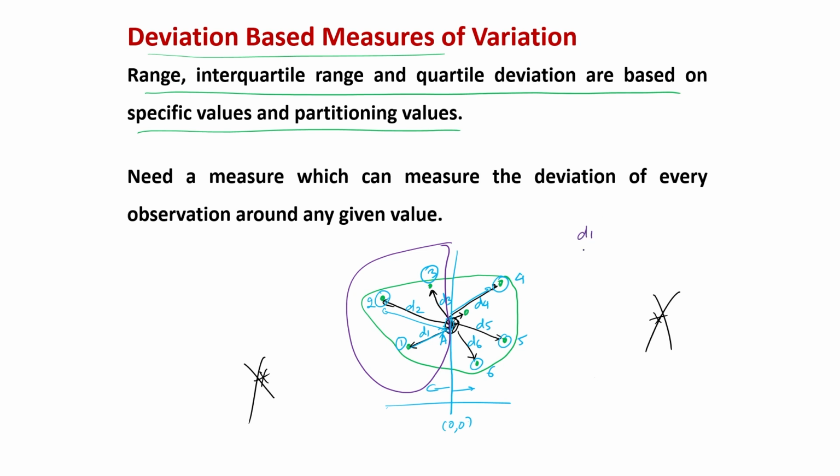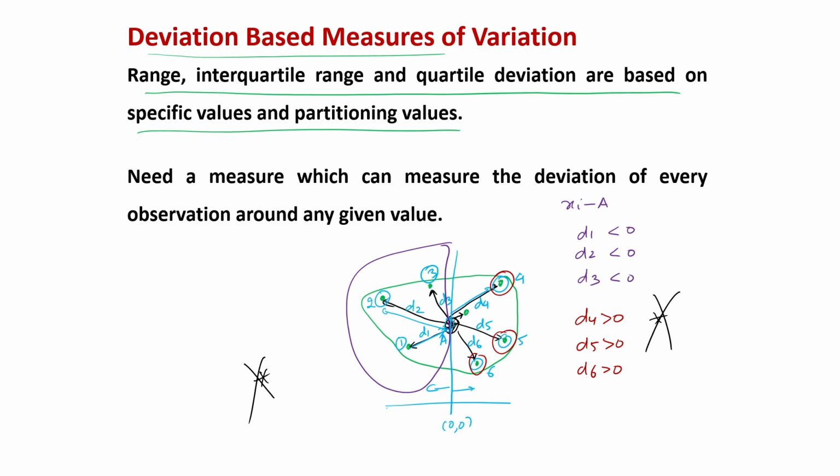So, D1, D2 and D3 are negative in the sense that they measure the difference between xi and A, so this is on the negative side. And similarly, for points 4, 5 and 6, D4, D5 and D6 are greater than 0, because in this case the value of xi minus A is greater than 0, right.